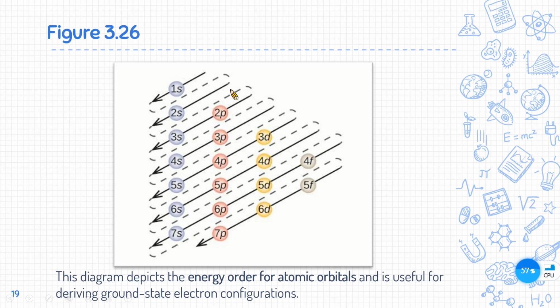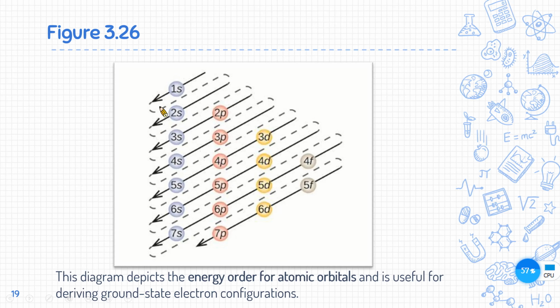How to draw this diagram? The first is 1s, 2s, 2p, 3s, 3p, 3d, 4s, 4p, 4d, 4f, and 5s, 5p, 5d, 5f, etc. And then draw the lines this way.